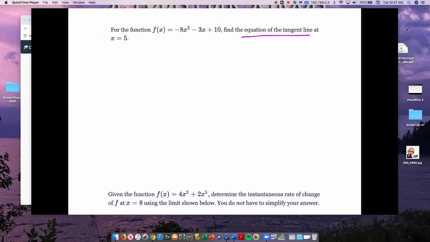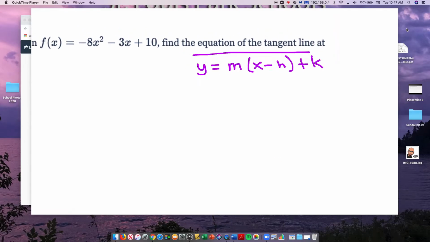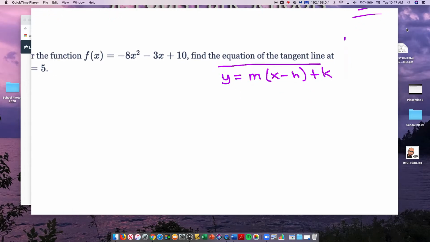Just as a side note, remember that writing the equation of a line is y equals the slope times x minus h, plus k. And just know with that line, m is the slope, and h comma k is a point.